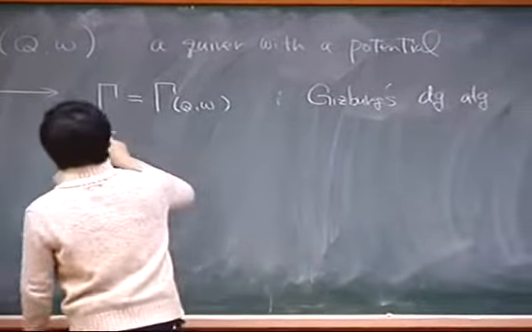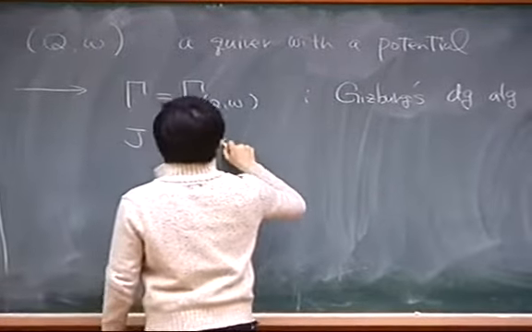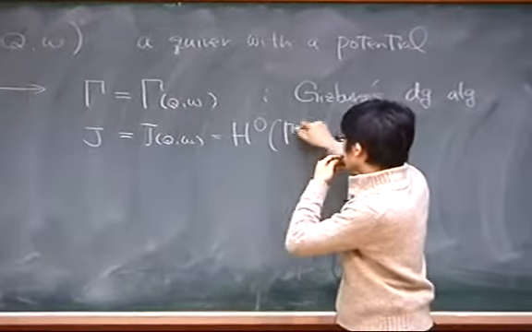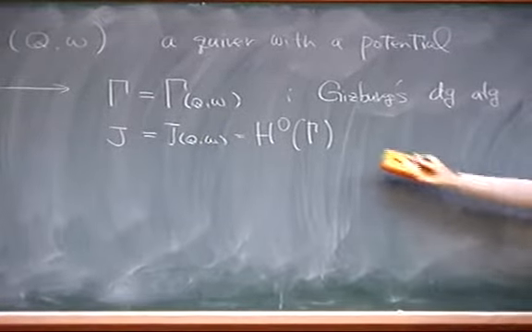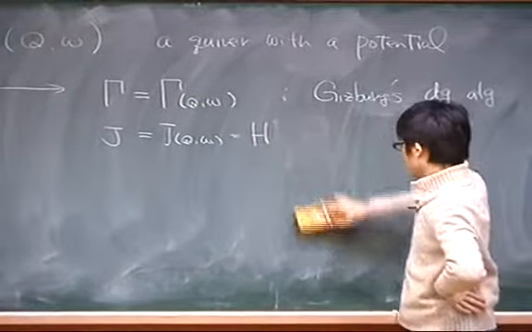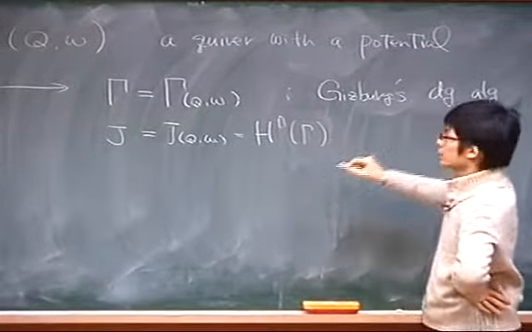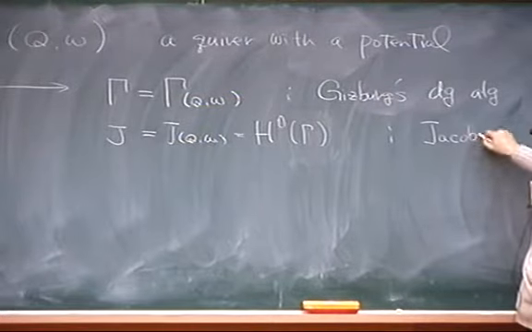And let J be the degree 0 cohomology of gamma. So gamma is a DG algebra, and because we take cohomology with respect to the derivation, J is just an algebra, the so-called Jacobi algebra.